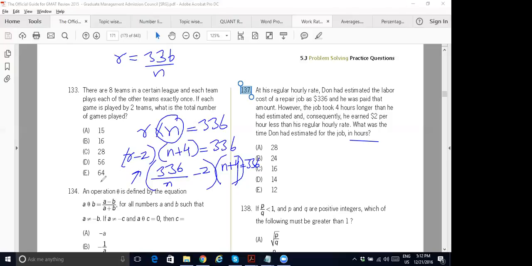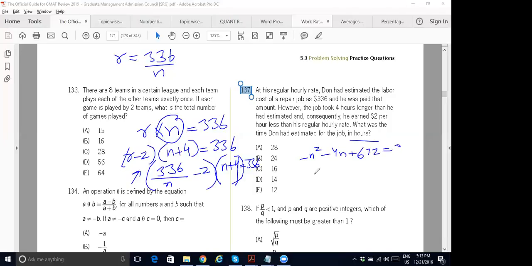So I'm getting minus N square minus 4N plus 2 into 336 is equal to 0. 2 into 336 is 672.